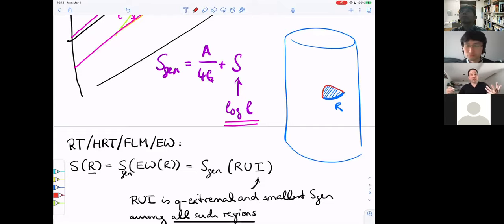So these are stationary surfaces. They're usually referred to as extremal, which I think is an abuse of language, but they're stationary surfaces. Their first order variation vanishes. Their second order variation is going to be such that they decrease in area in the time direction and increase in spatial directions.